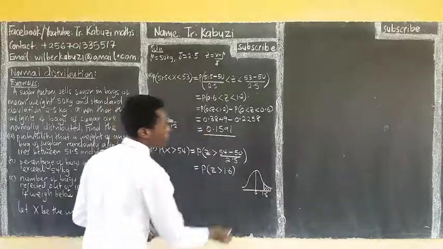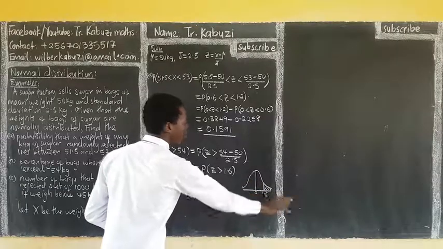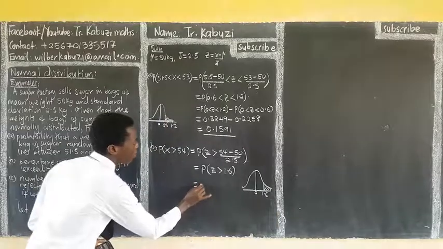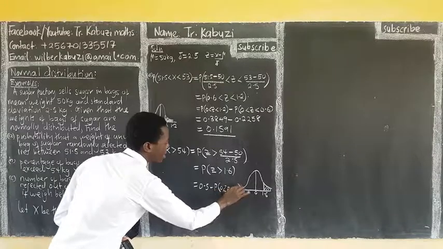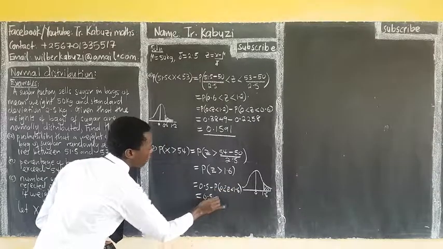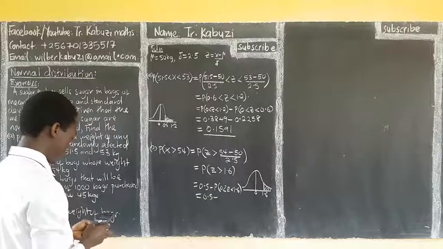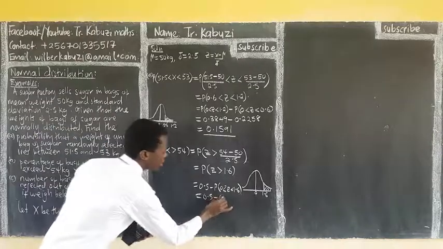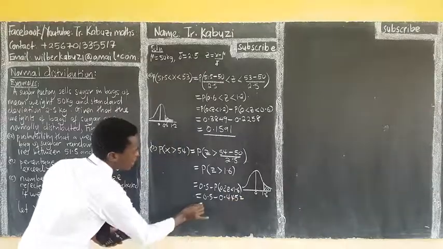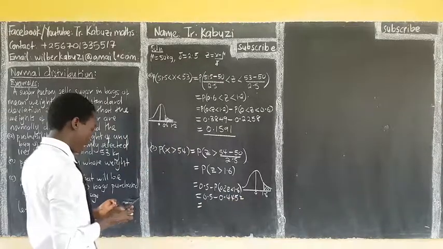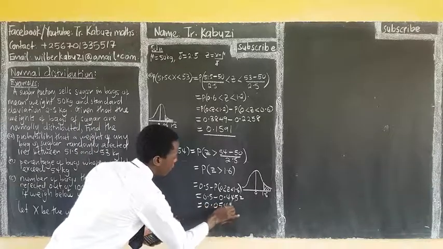Because the half of the curve is 0.5, you get 0.5 minus the probability of 0 less than Z less than 1.6, to get the remainder. From the table I'm getting 0.4452, and subtracting that from 0.5, we get 0.0548.